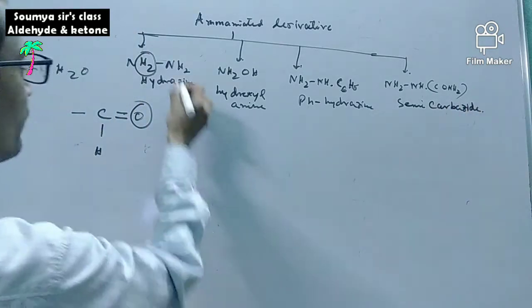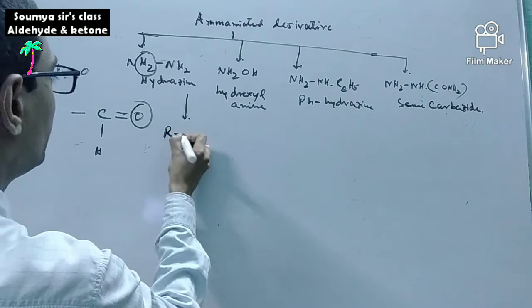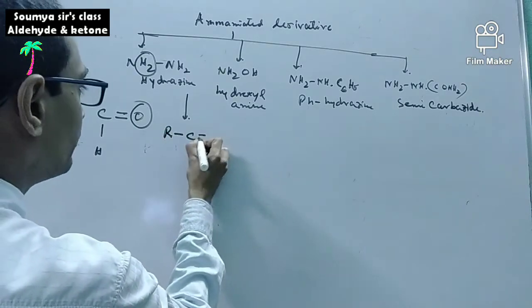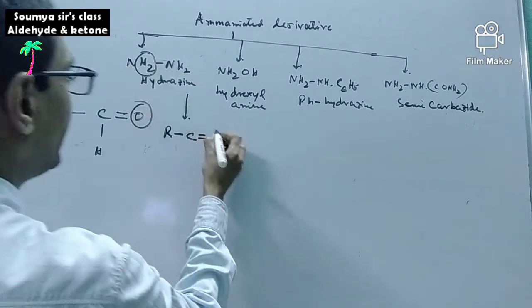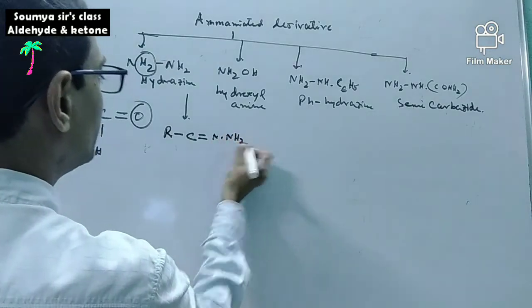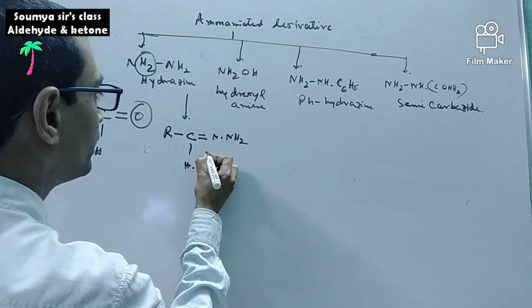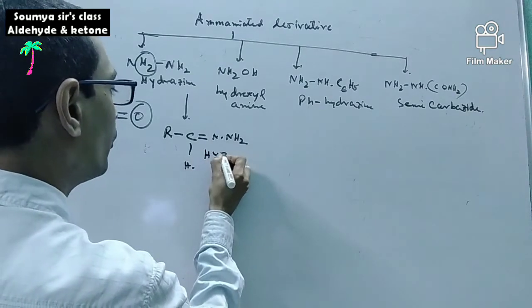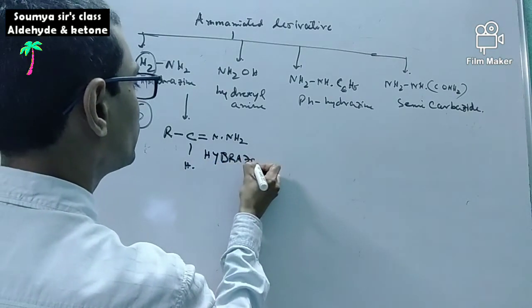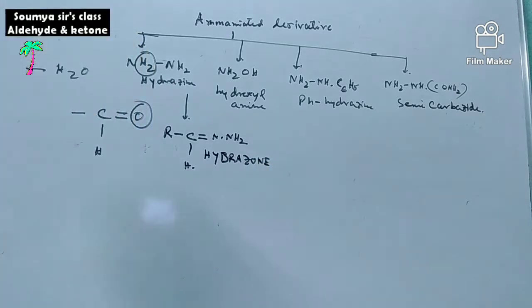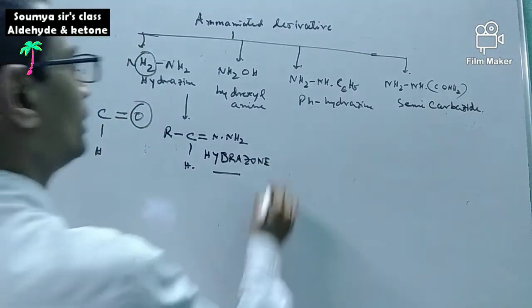At first the reaction will be RC, the double bond will be intact, NH2 and the H remain constant. Here it is called hydrazone. Whenever it reacts with ketone or aldehyde, it will form hydrazone.